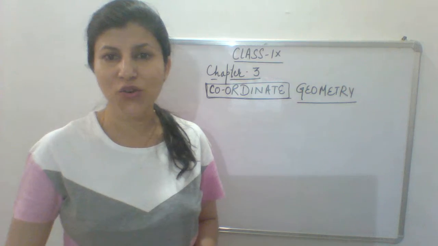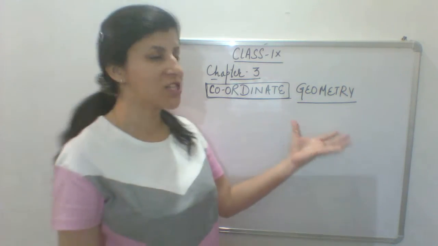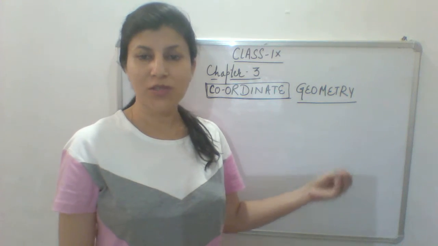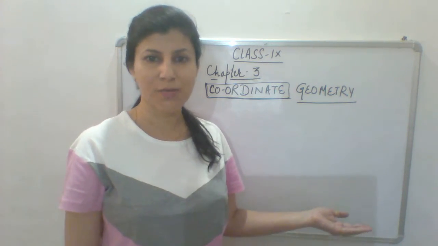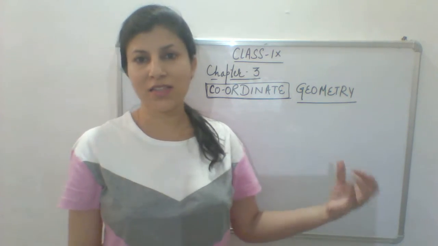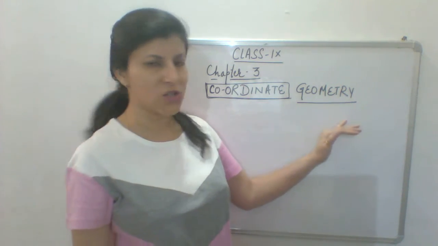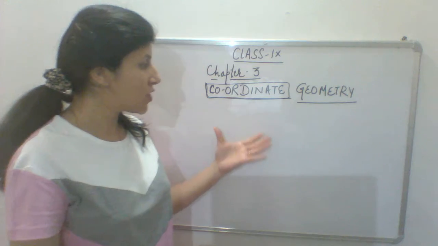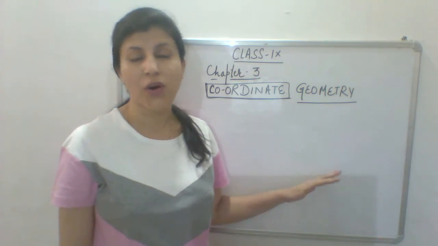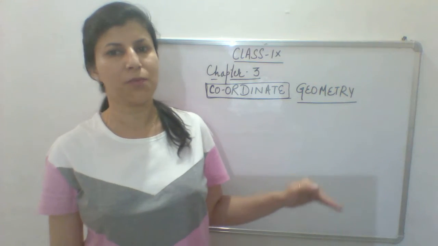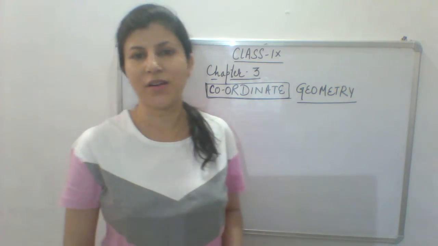Geometry is a branch of mathematics in which we are dealing with different types of shapes. 2D shapes, 3D shapes, 1D shapes, and their areas, their volumes, their perimeters, all these things come under geometry, right? Coordinate geometry is again a very important branch of mathematics which describes the relationship between geometry and algebra, right?